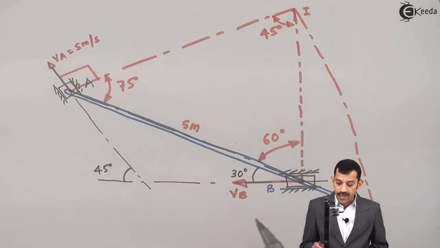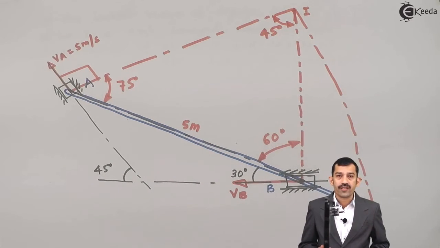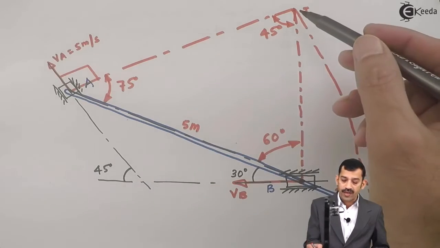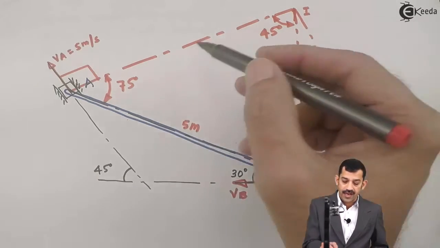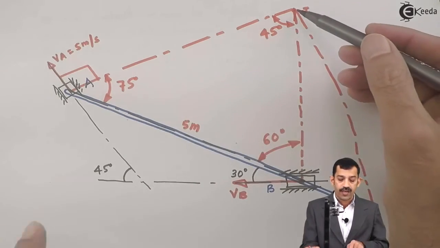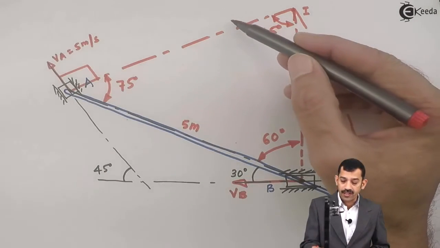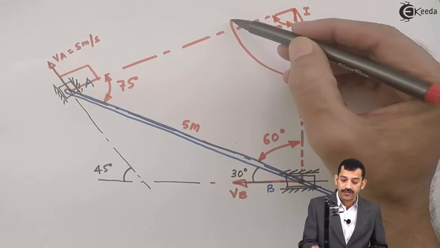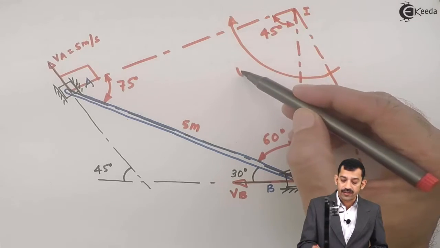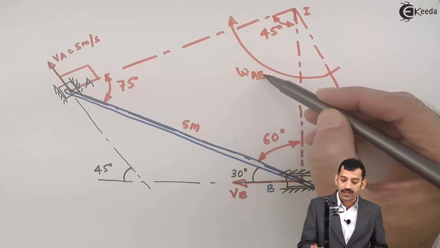Now from VA and VB, we'll decide the direction of omega about point I. Say this triangular plate IAB rotates about I, VA upward, VB leftward. That means this has to rotate in the clockwise direction. This is omega of the bar, you can say ABC.